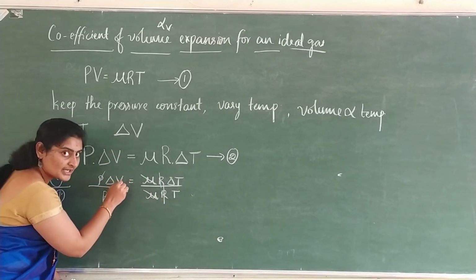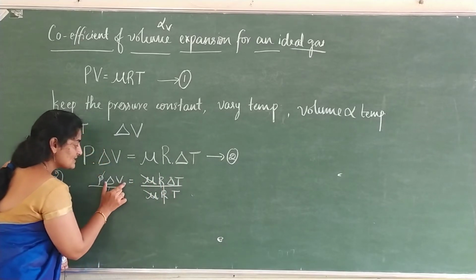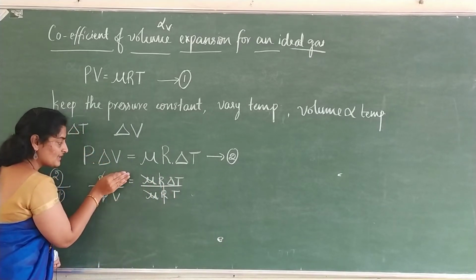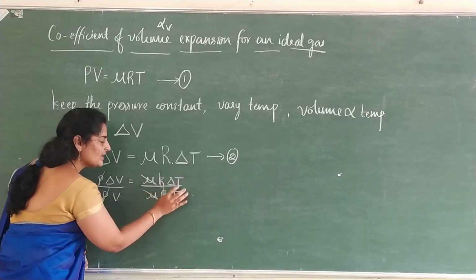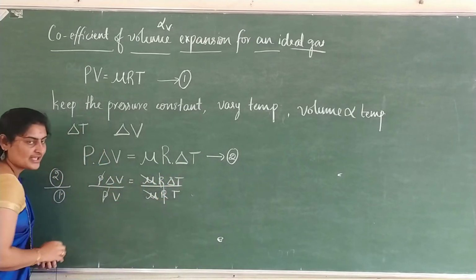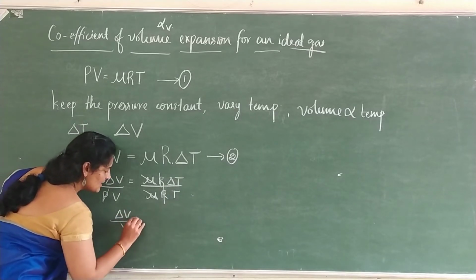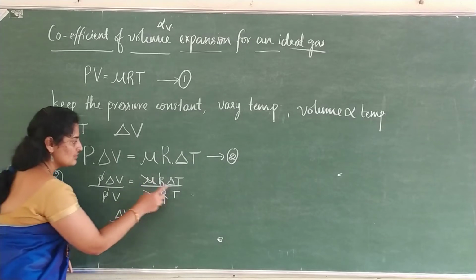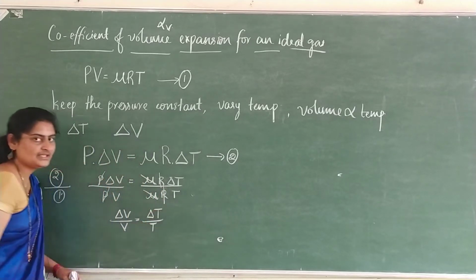But T and V cannot be cancelled, because delta V is the change in volume and delta T is the change in temperature, so you can't cancel T and V here. So remaining is delta V divided by V is equal to delta T divided by T.